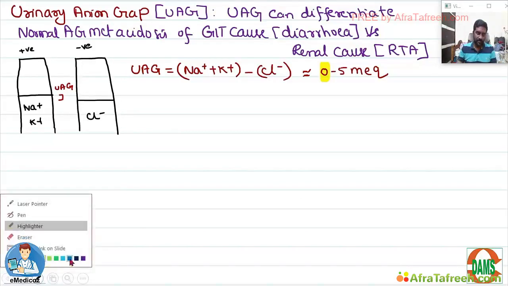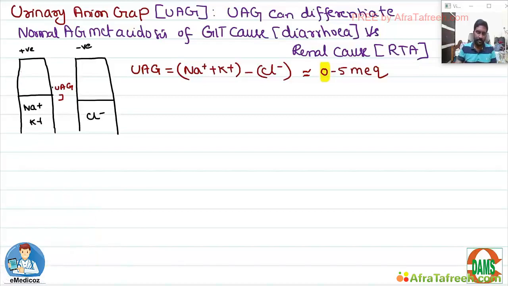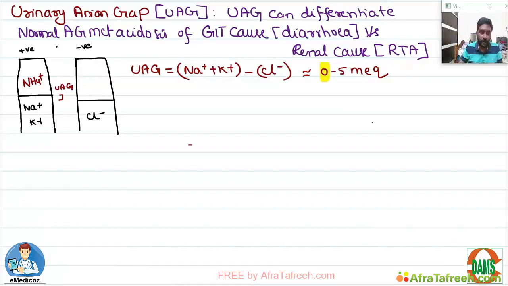Very important: in the unmeasured positives, there is an ion called NH4 plus. NH4 plus contributes to the unmeasured compartment. Let us see how this urinary NH4 is clinically relevant. So how is it actually produced?